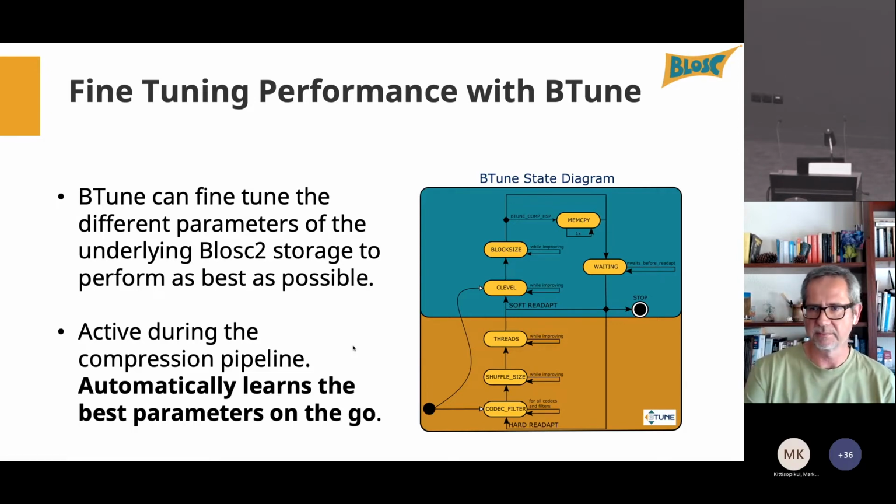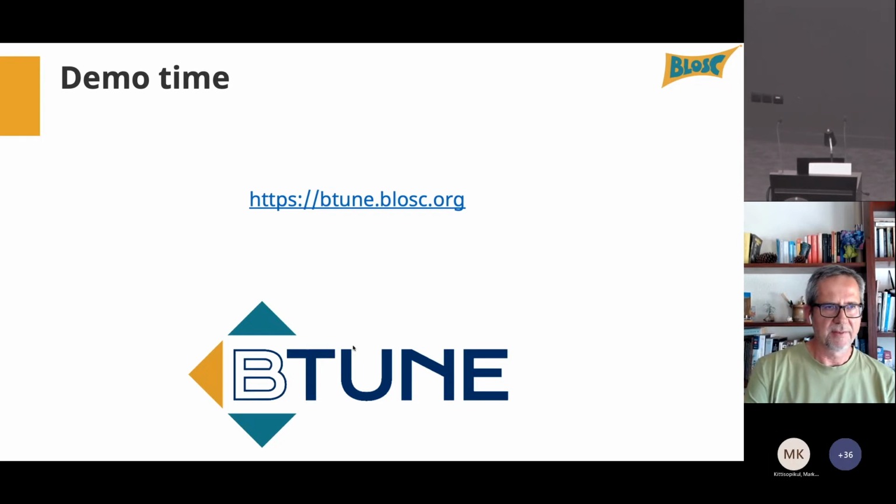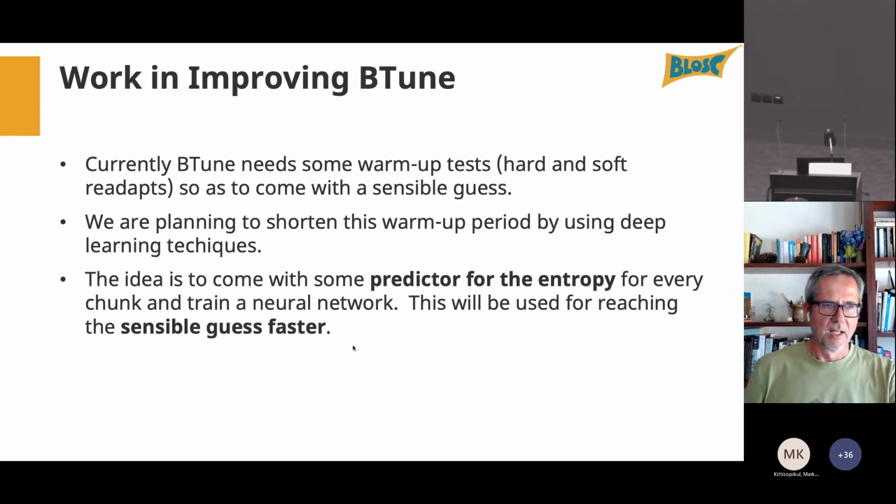That's the important thing. We have a demo, also an interactive demo, but I don't have any time. If you are interested in that, in the question section, we can have a look at it. We are also currently working on improving Btune, because one of its limitations is that it needs some warm-up tests just to come up with a sensible guess for the right combinations of codecs and filters.